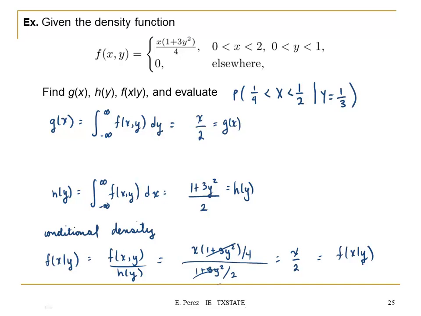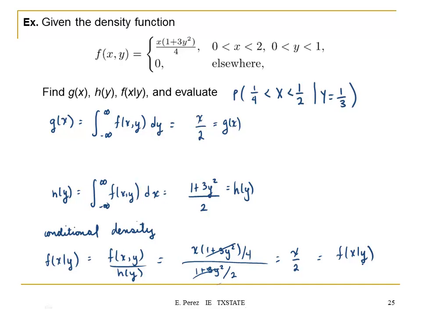Any idea of why this happened? This is equal to the marginal of x. Kind of.